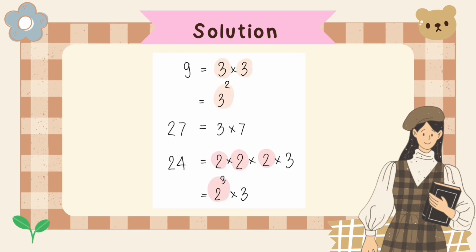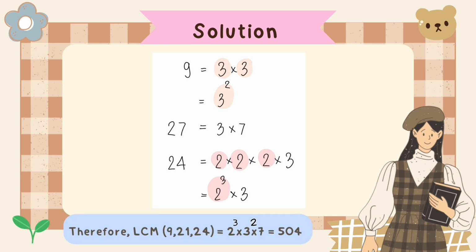Solution. 9 is 3 times 3, which is 3 power 2. Next, 21 is 3 times 7. And 24 is 2 times 2 times 2 times 3, which is 2 power 3 times 3. The prime factors that appear in these factorizations are 2, 3, and 7.